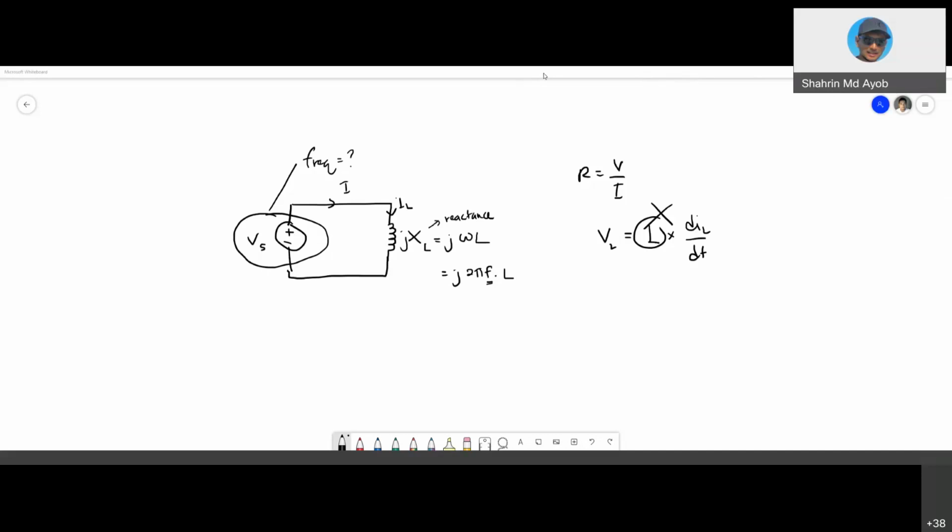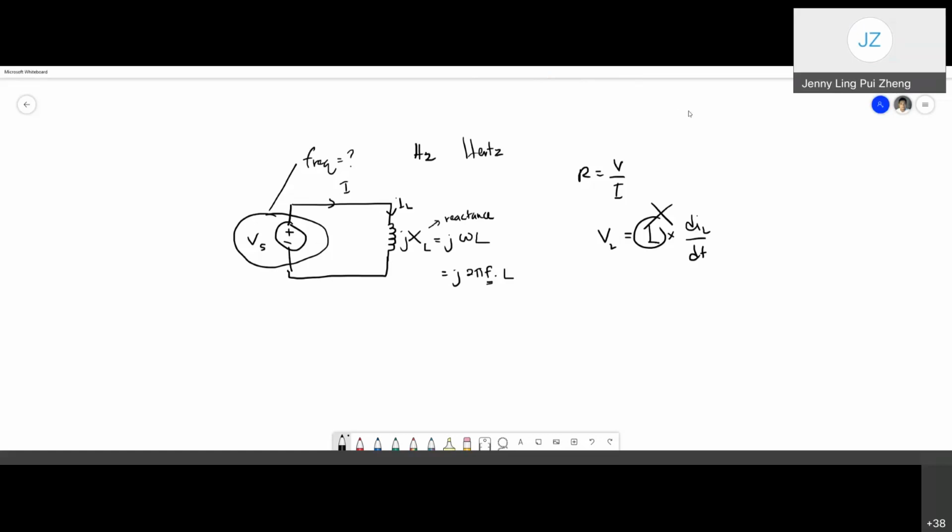Frequency is in units called hertz, right? You have been taught in your physics class, hertz. So what is the frequency? So 50 hertz in Malaysia.